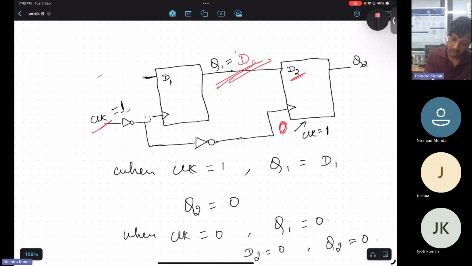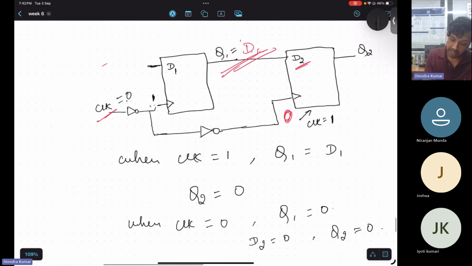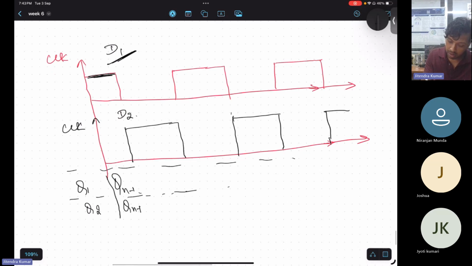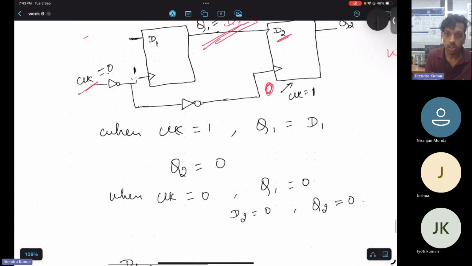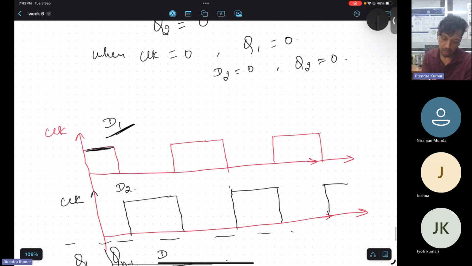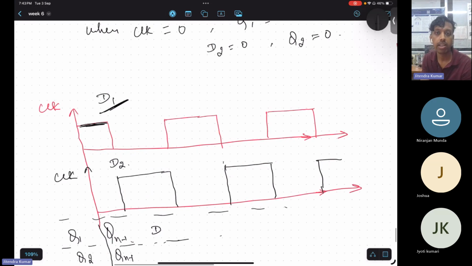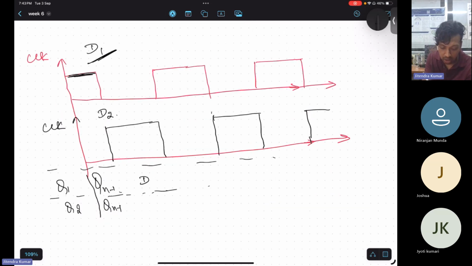In that case, Q1 will be D. In this scenario, Q2 will be what? Flip-flop 1 is off, and flip-flop 2 is on. At that condition, Q1 is D and Q2 will be Qn minus 1, the previous value.